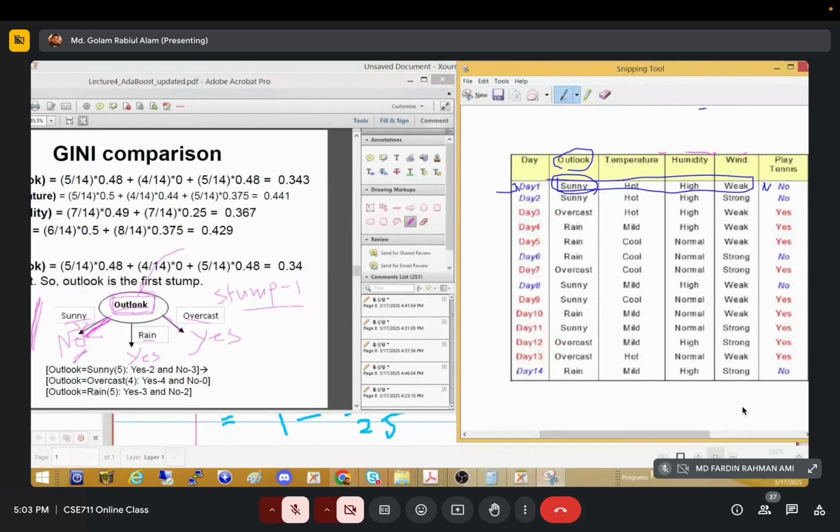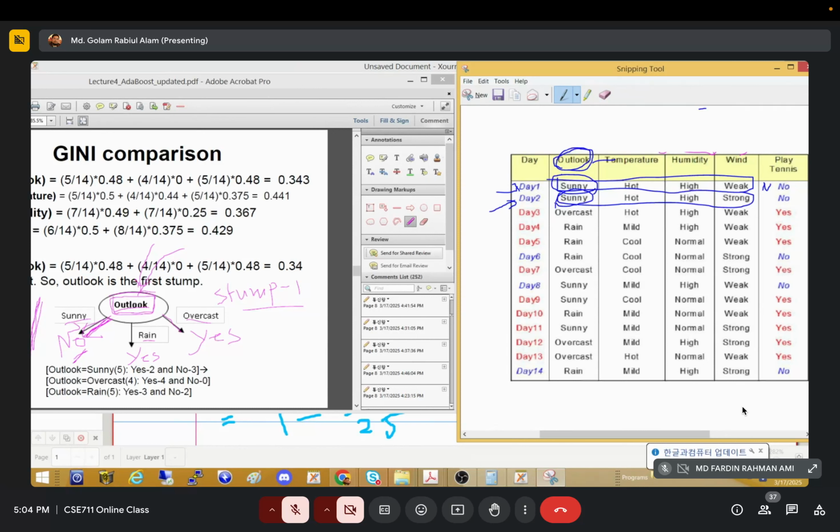Then we have to pass the second instance, that is day two, and its x value, that means the feature values. We have to pass those feature values here in the stump. And again, what will it check? It will check the outlook. Outlook equals sunny in this case also.